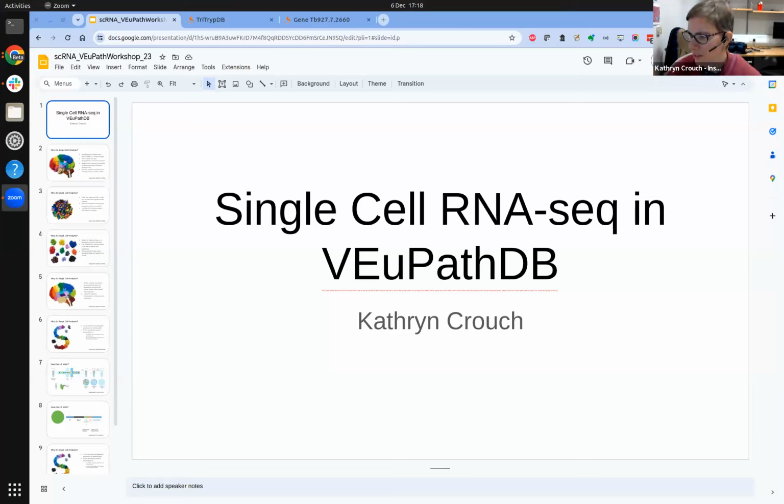Hang on, I've just got a notification to say my screen sharing is paused. Can you still see the slides change? No, I've not seen the slide change, no. Okay, hang on, let me find out what's happened here.